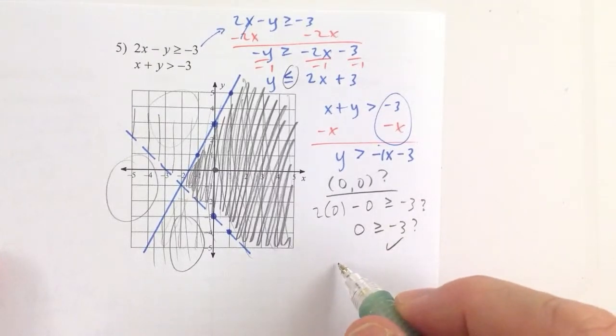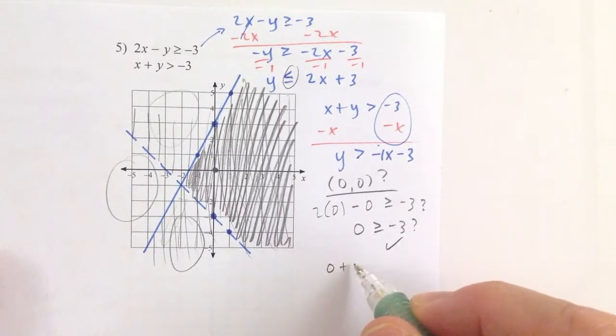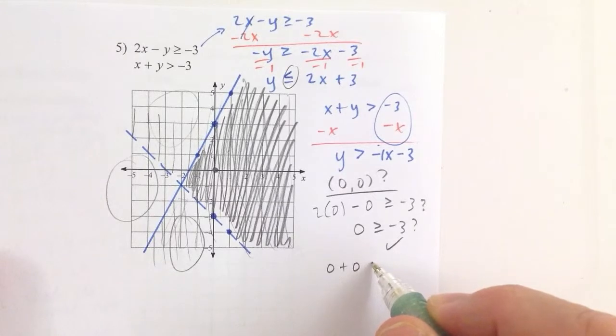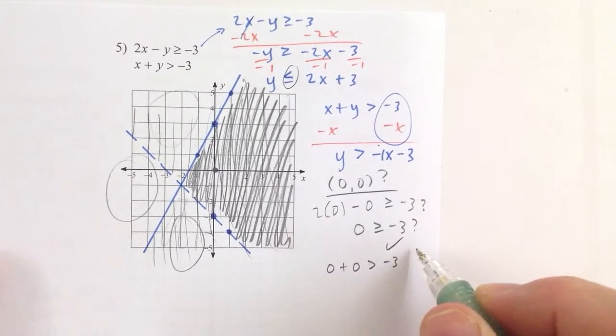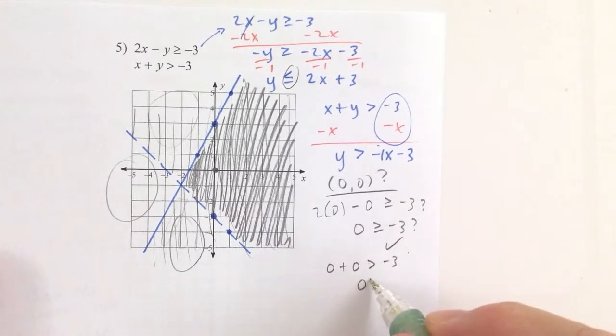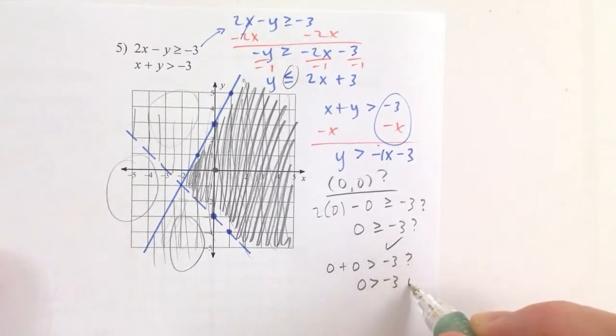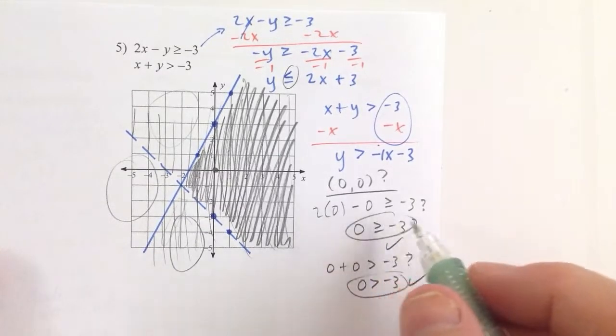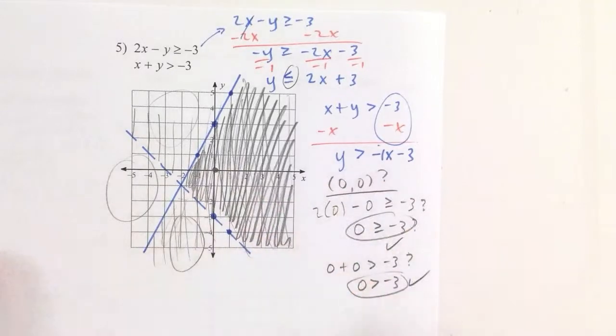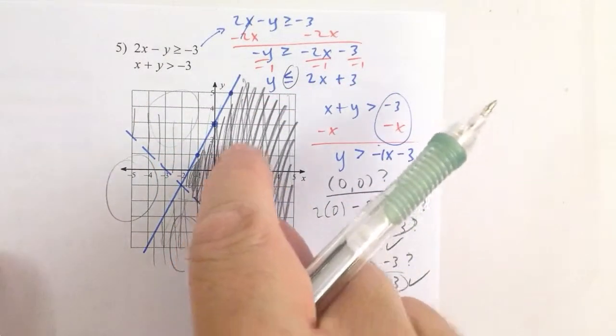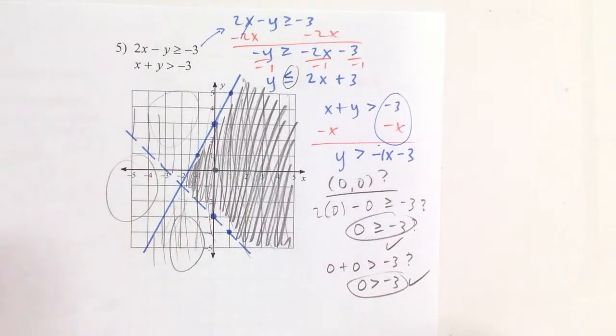Yes. Now try 0, 0 in the next one. 0 plus 0 is 0, and 0 is greater than negative 3. Yes. So both of those are yes. 0, 0 is in fact a solution to this system of linear inequalities. Therefore, it should be shaded darkly, and it is shaded darkly.